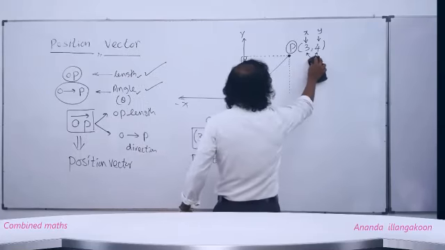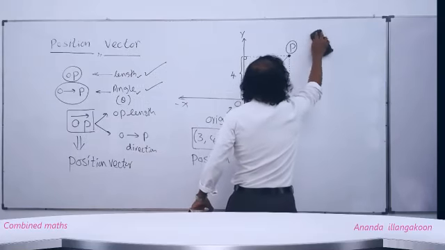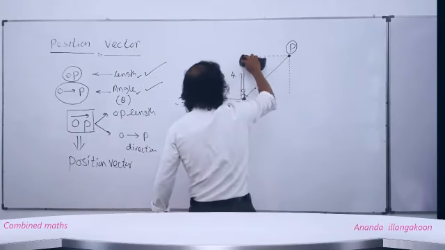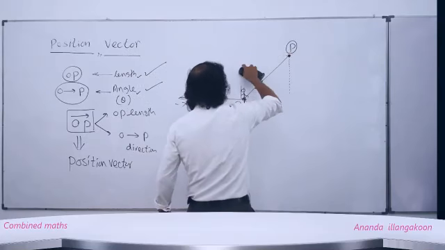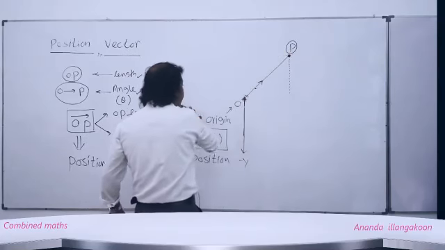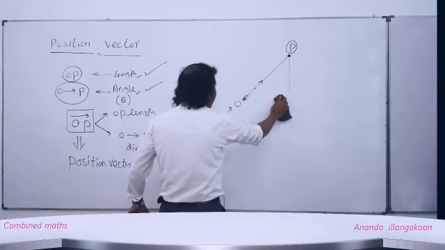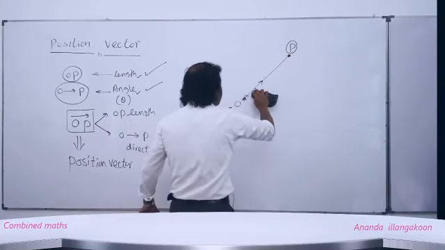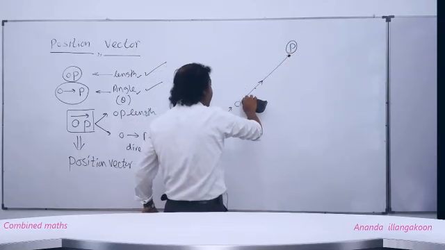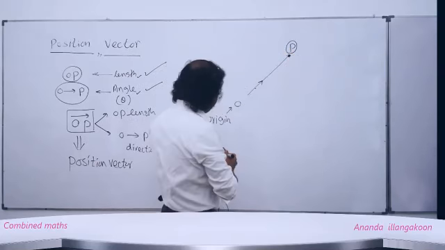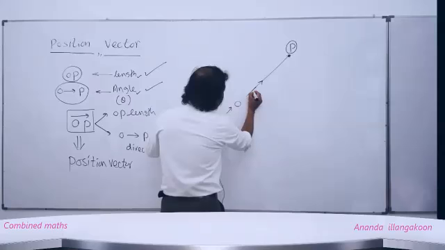Right? Therefore, no axes, no coordinates. We need this origin. Right? This only we have when we speak about position vector. What is that, people? Vector origin O, like this.